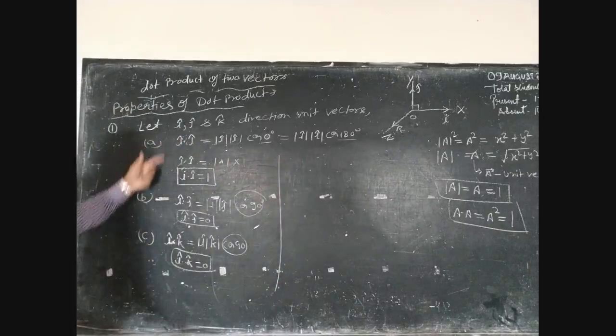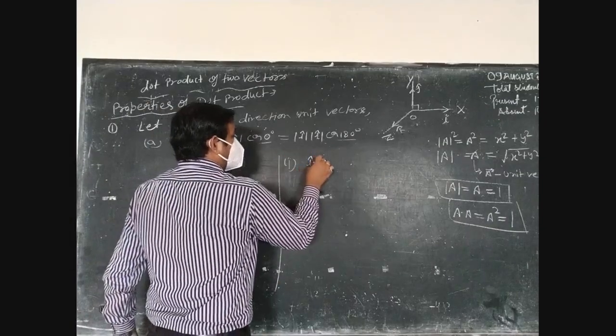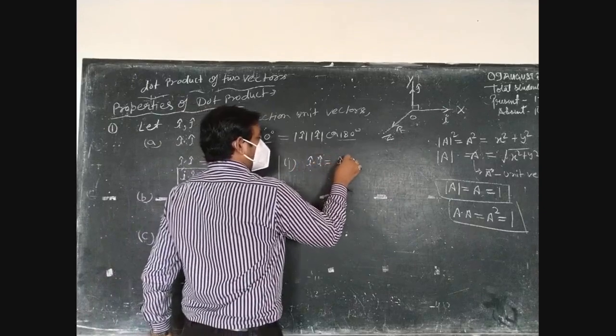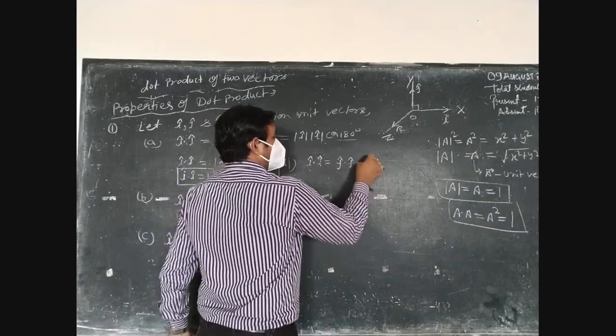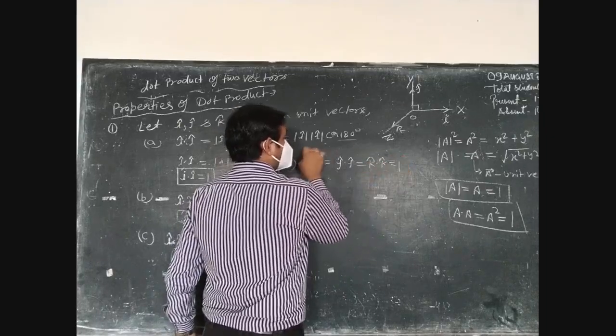Therefore, by doing all the three observations, we get the first result: i cap dot i cap equals j dot j cap equals k dot k cap, which is always 1.